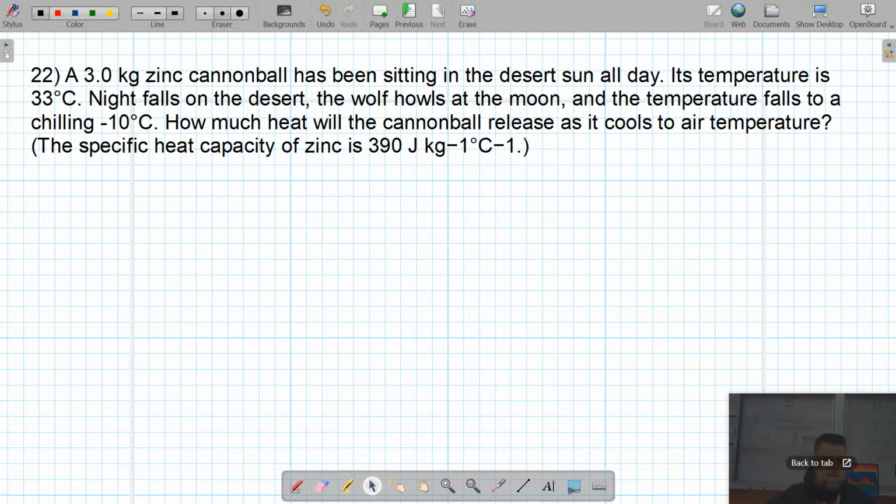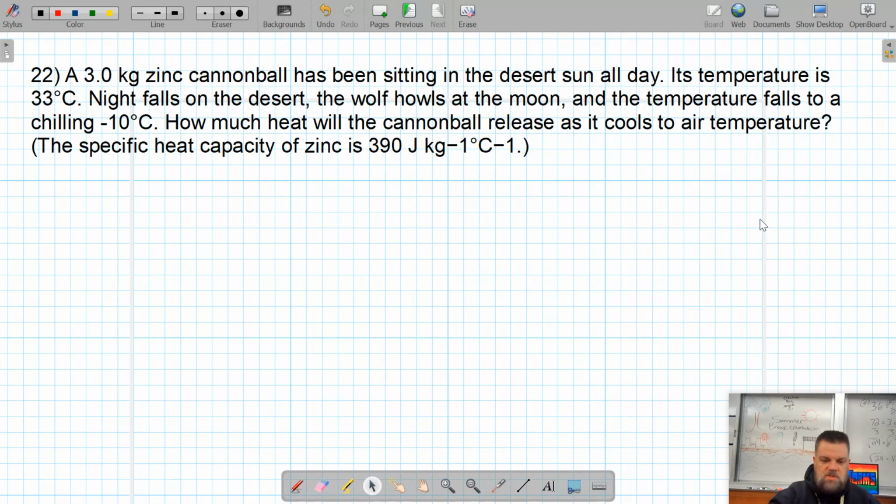All right, this is a specific heat type question. So let me read it, but I've already lost my pen. There it is. A 3 kilogram zinc cannonball has been sitting in the desert all day. Its temperature is 33 degrees Celsius.